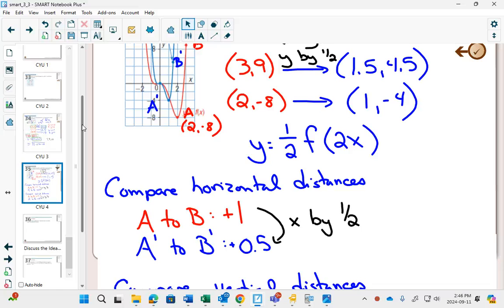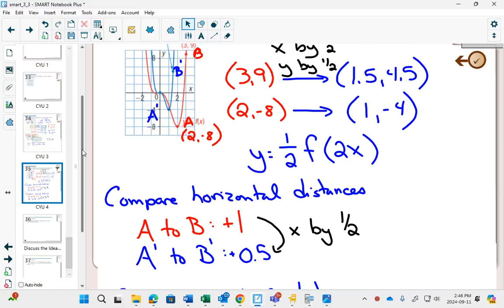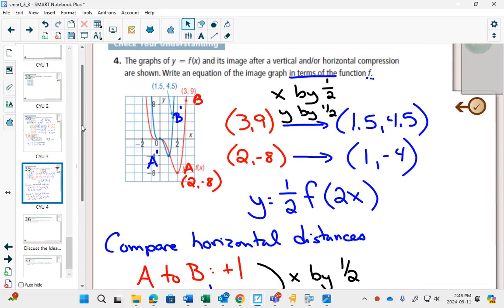Reciprocal just means we flip the fraction. So in this question, when we were checking what happened to the x values, they went from 3 to 1.5. The x values got multiplied by 1/2. In the equation then, because the x's are liars, we need to have a 2 there.